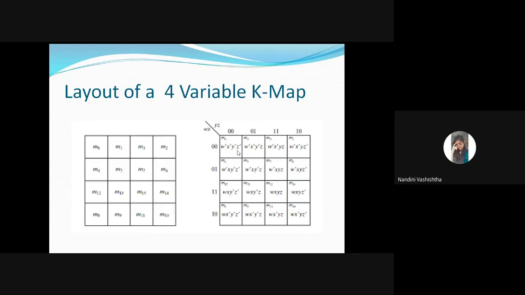Yes or no? Yes, ma'am. Right. Next is gonna be, please speak up, Disha. W dash X dash Y dash Z. Very good. Next, Nandini. W dash X dash Y Z. Next, Kashish. Okay.